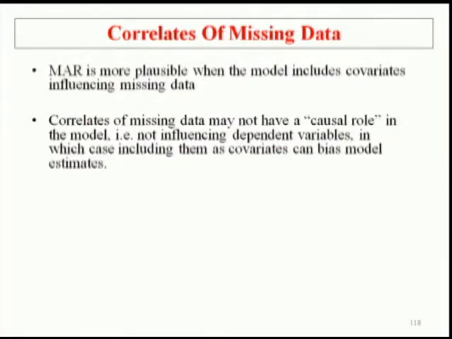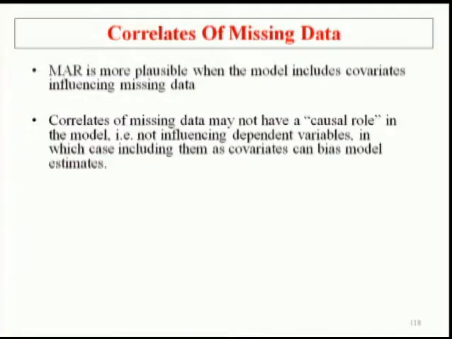The way to make it more plausible is to include covariates or variables that predict missingness, because then you have observed data on those, and less and less of the missingness is predicted by unobserved variables. Now, the problem is that the correlates of missing data may not have a causal role in the model.